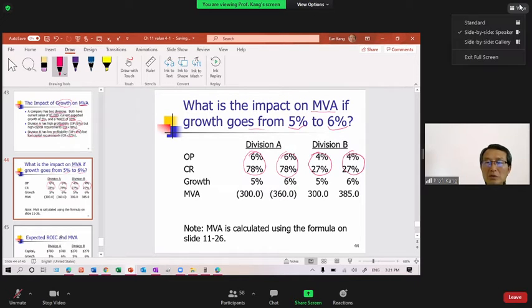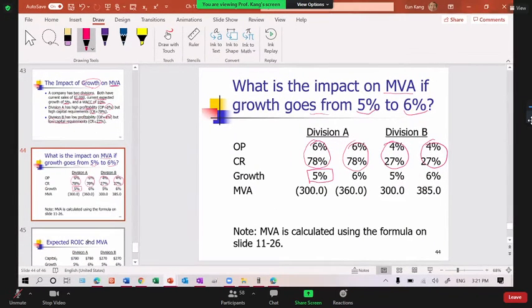Why do we have two numbers? Because one is growth rate 5%, and the other one is growth rate 6%. So this left-hand side is the current case, 5% growth, and the right-hand side is 6% growth.